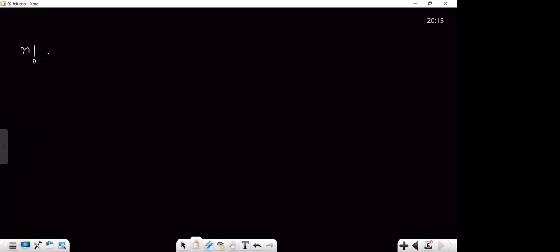Basically, n factorial is n into n minus 1 into n minus 2. This will go on till it becomes n minus n factorial, which is 0 factorial, which is 1. And I hope you are aware of its value.